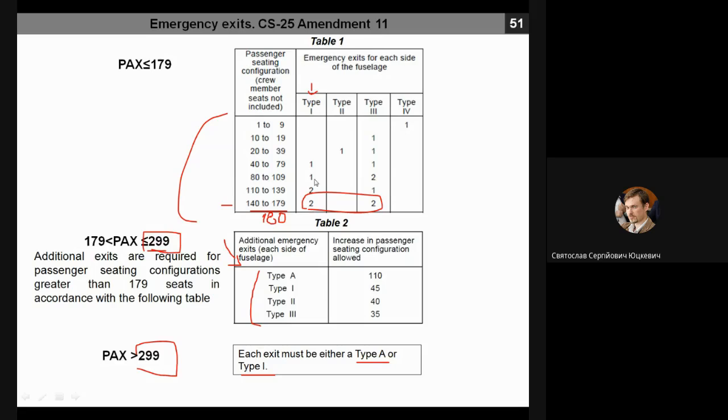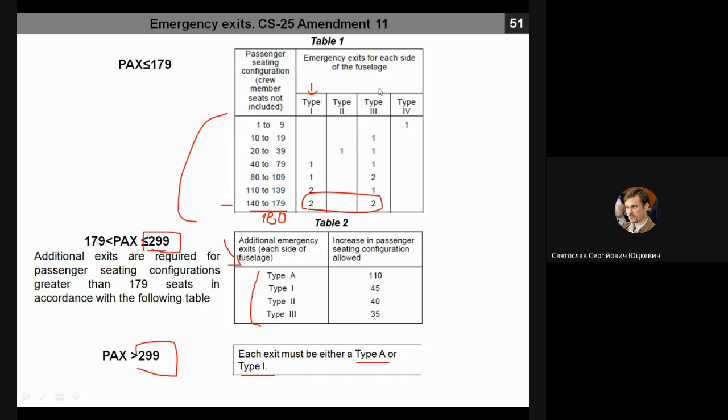For example, you could use double type 2 doors and double type 3 as example, but no, it's not good. Maybe in this combination, double type 2 and double type 3 door for maximum number of the passengers on the board, but it will be difficult to prove the reason of these doors. But through the demonstration, you could maybe approve this combination.